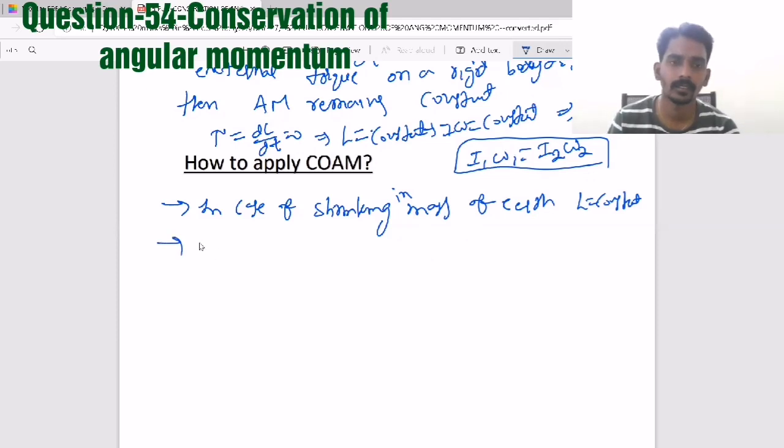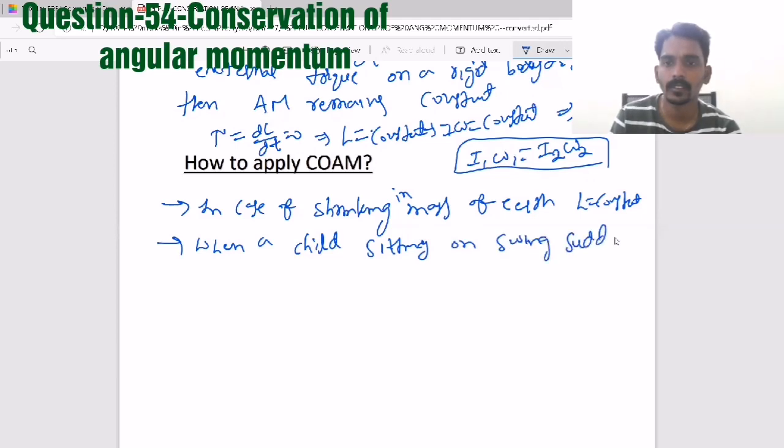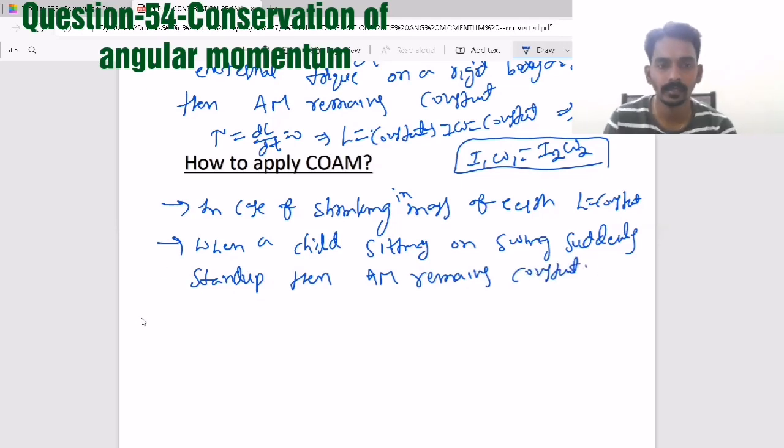Or when a child sitting on a swing suddenly stands up, the angular momentum remains constant for the system.